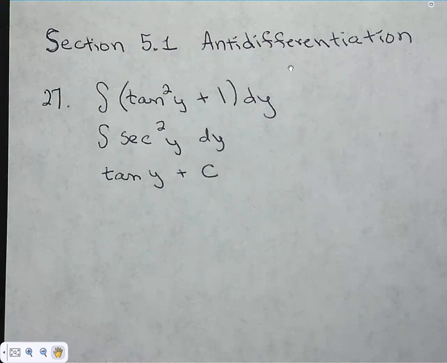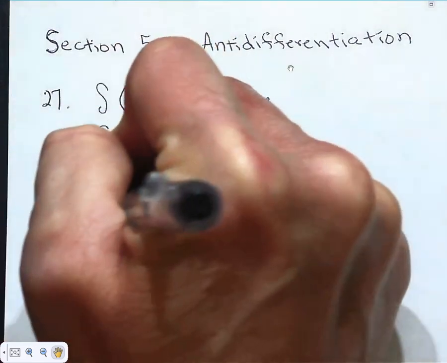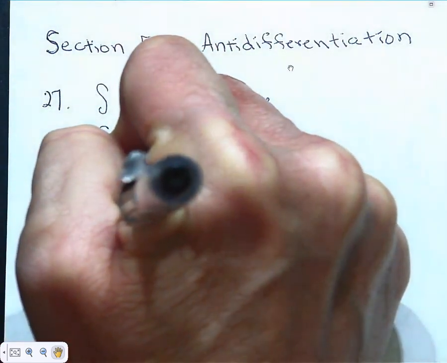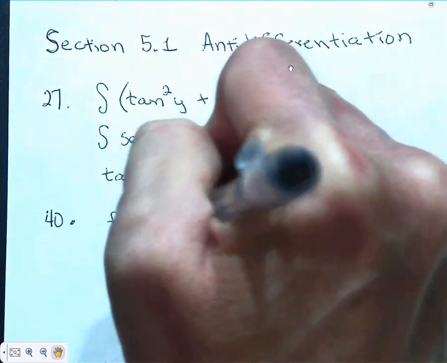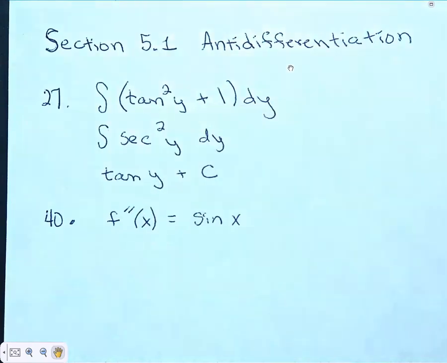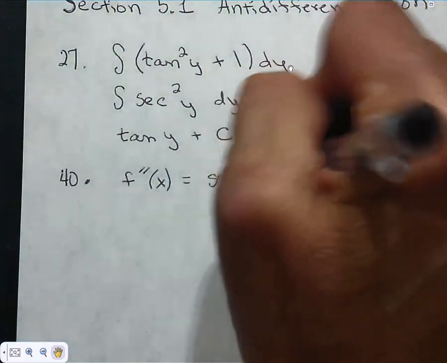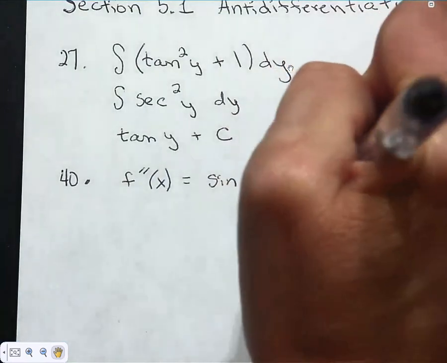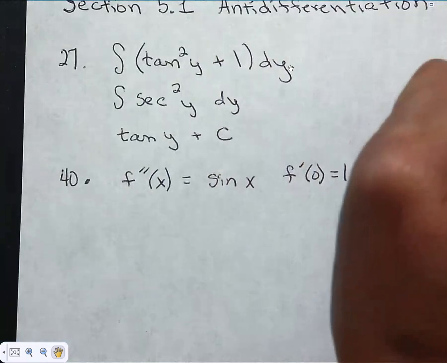For example, number 40 gives us a second derivative of f of x is sine x. And then we're given two other pieces of information. F prime of 0 is 1, and f of 0 is 6.